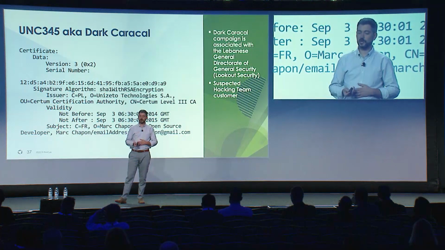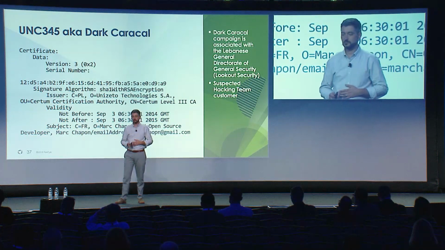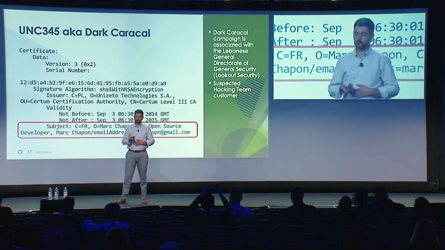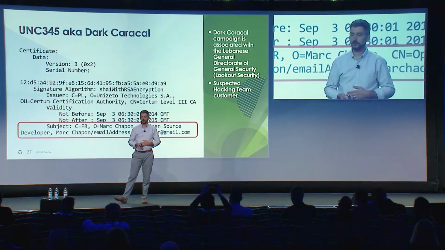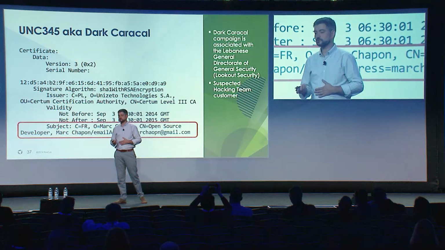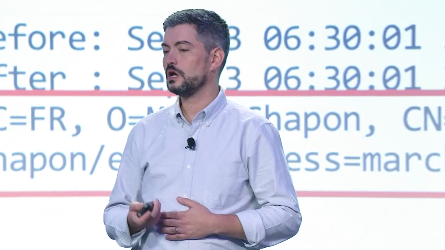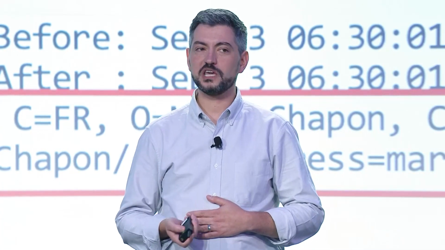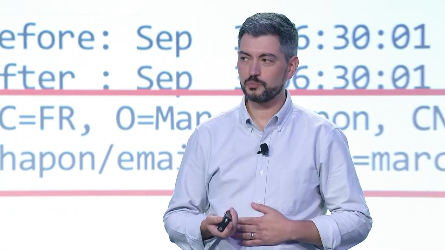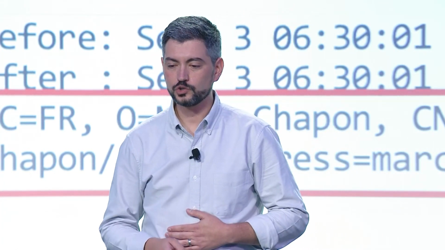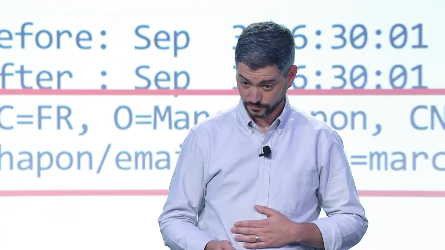So, example of a suspected Hacking Team customer using one of these certificates. They're using the Mark Chapon certificate. This is one of the certificates we just talked about in the leaked email. Unc345, also known as Dark Caracal, Lookout Security did an excellent report on these guys a few years ago. And Lookout was able to, with pretty good confidence, attribute them to the Lebanese General Directorate for General Security.